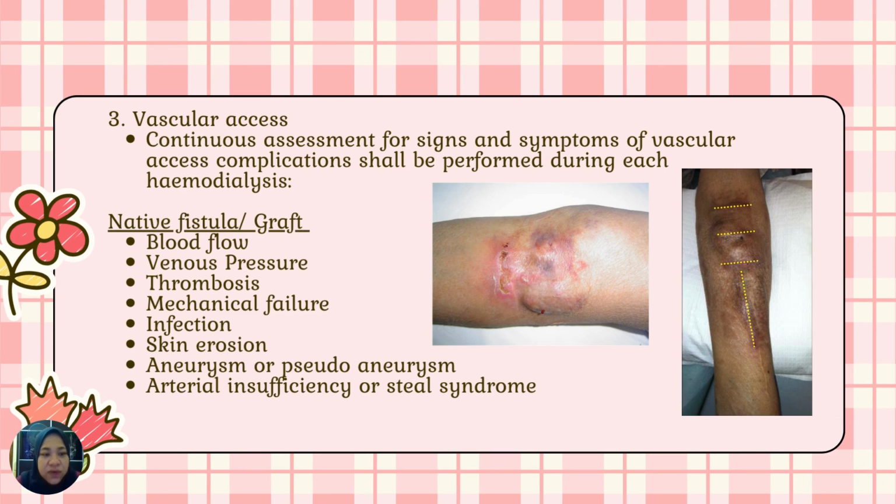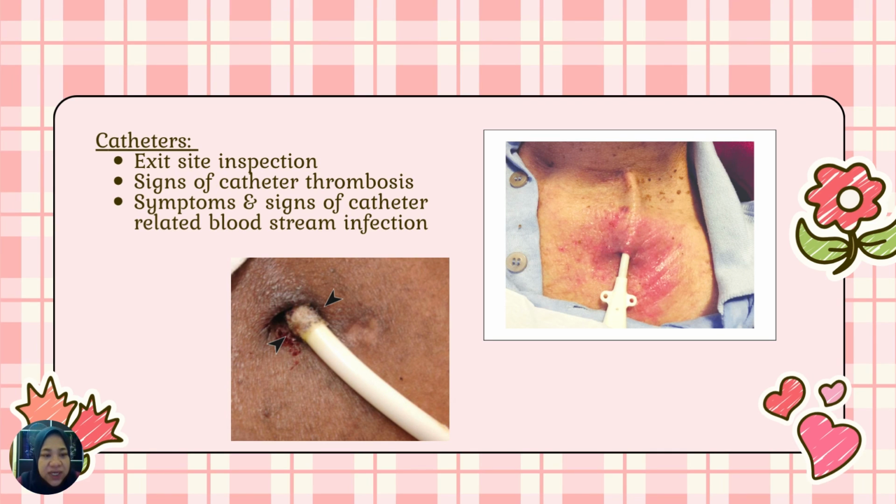The third is to assess the vascular access. Continuous assessment for signs and symptoms of vascular access complications should be performed during each hemodialysis. It includes the native fistula or the graft. Also, we should assess the catheter site.